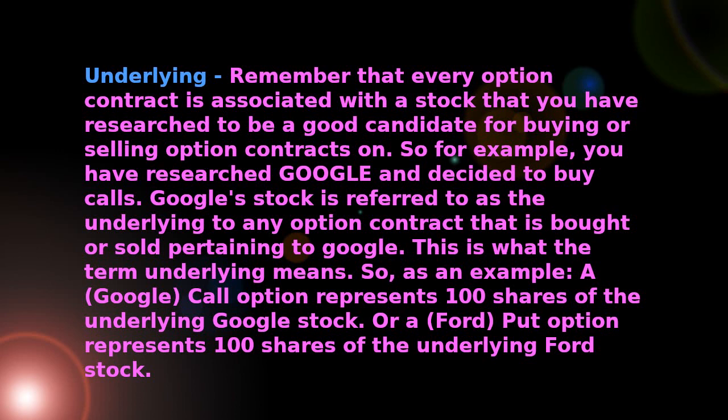Google's stock is referred to as the underlying to any option contract that is bought or sold pertaining to Google. This is what the term underlying means. So as an example, a Google call option represents 100 shares of the underlying Google stock, or a Ford put option represents 100 shares of the underlying Ford stock.